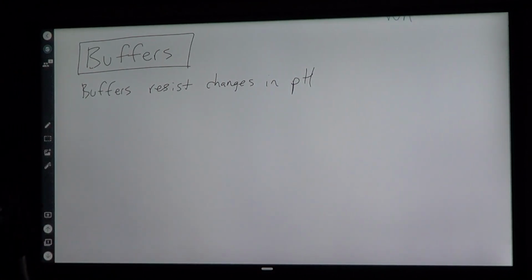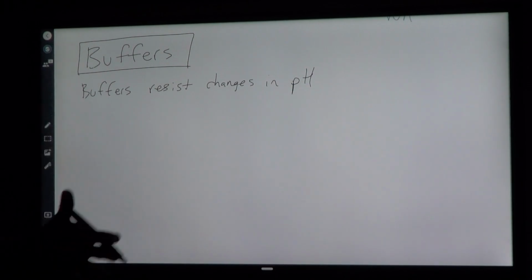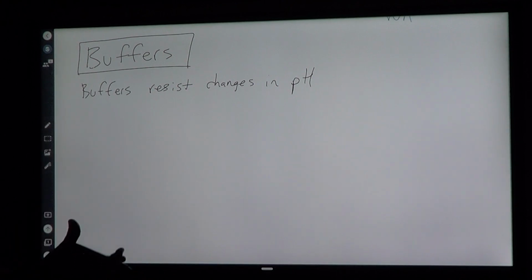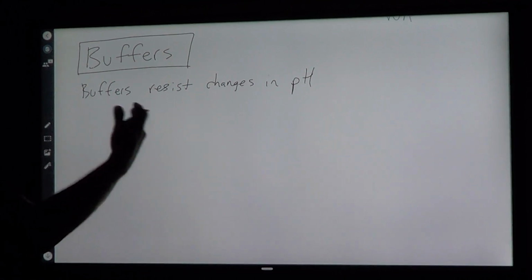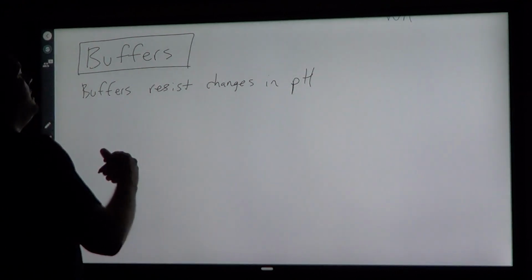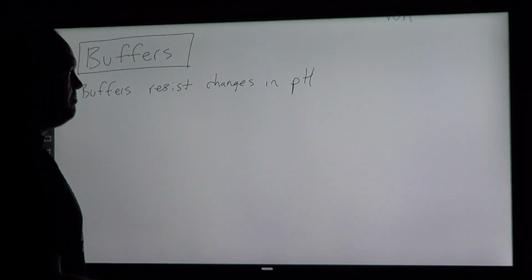So what happens is if you have a buffer, if you add a little bit of acid, it's set up to where that acid won't affect the pH of the solution until you reach a certain point. Same thing with the base. Okay? And notice how I said up until a certain point.